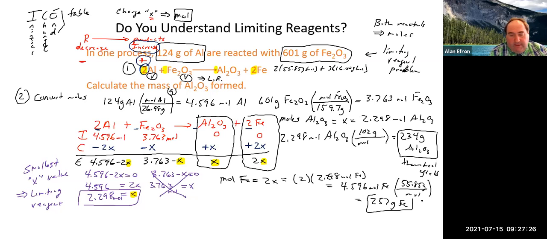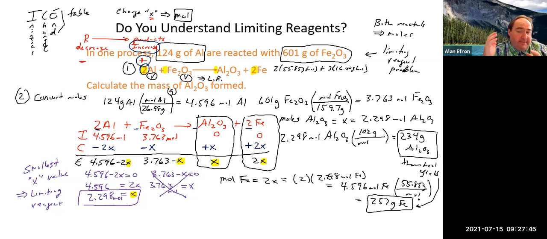This would also be, by the way, a theoretical yield. You can see that relatively quickly, in addition to figuring out how much aluminum oxide was produced, we could figure out how much iron was also produced.